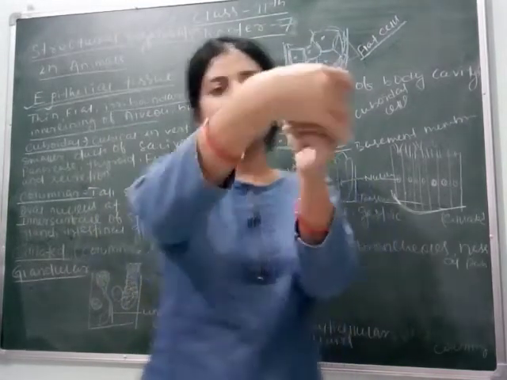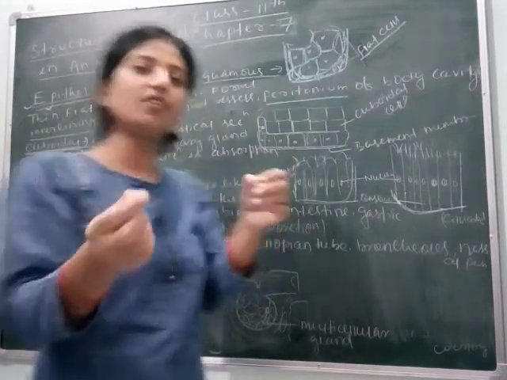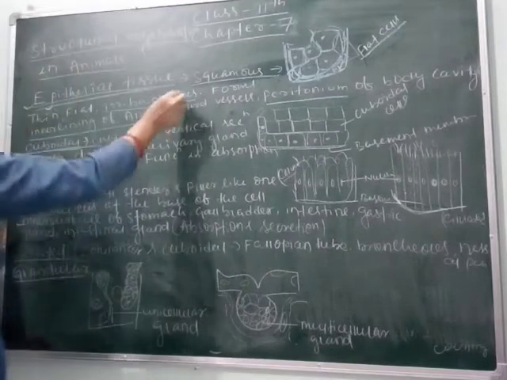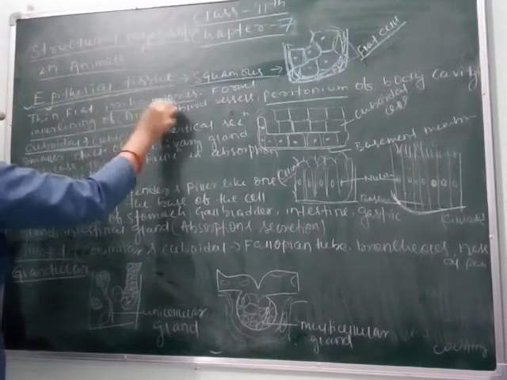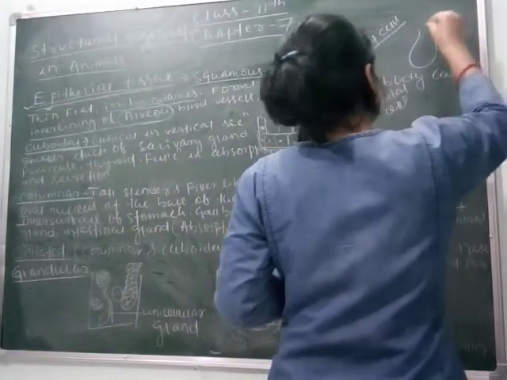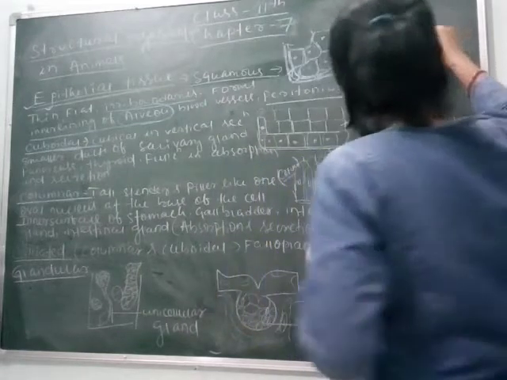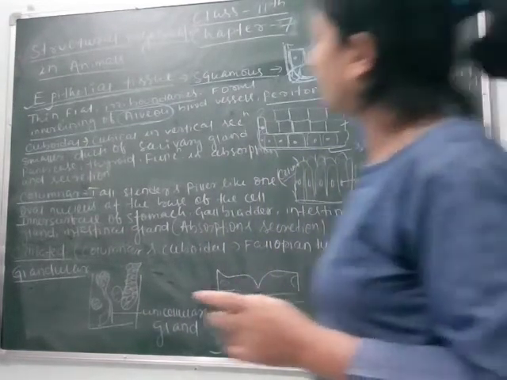Suppose this one is the outer lining, this one is the inner lining. The inner lining of any duct, that is alveoli, is made up of squamous epithelial tissue. If you see the diagram of alveoli, it looks like this. So the inner lining of alveoli is made up of squamous epithelial tissue.